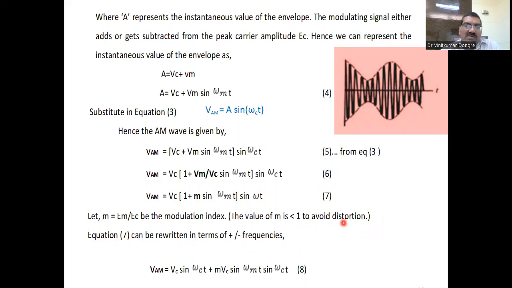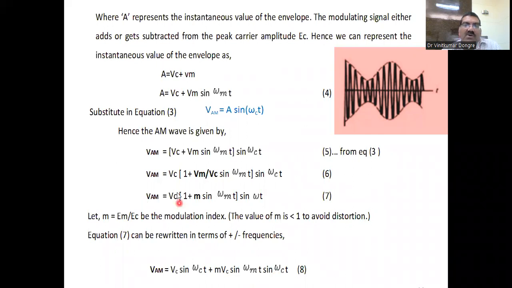Okay. So equation 7 can be written in terms of these frequencies. So this V_AM equals, you just open the bracket, that is V_C sin ω_m t, okay, and plus this m into V_C comes inside, V_C sin ω_m t and sin ω_c t.